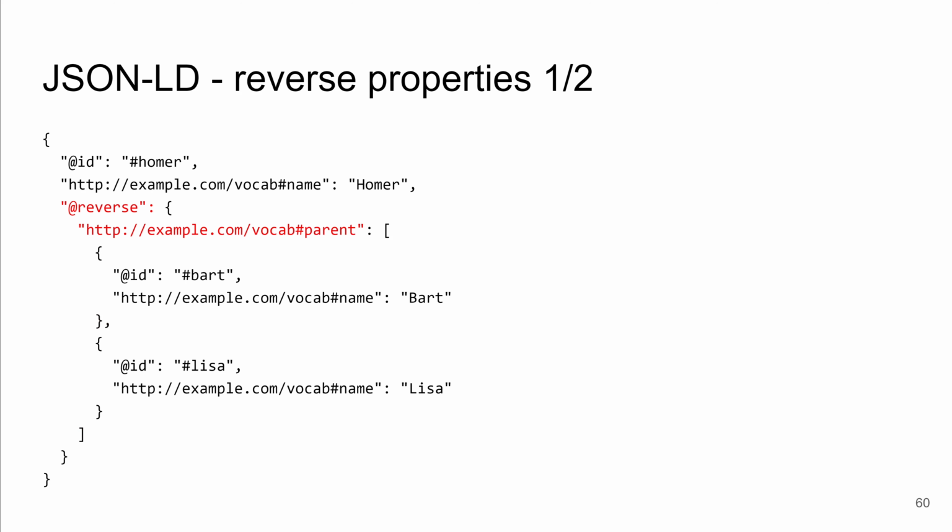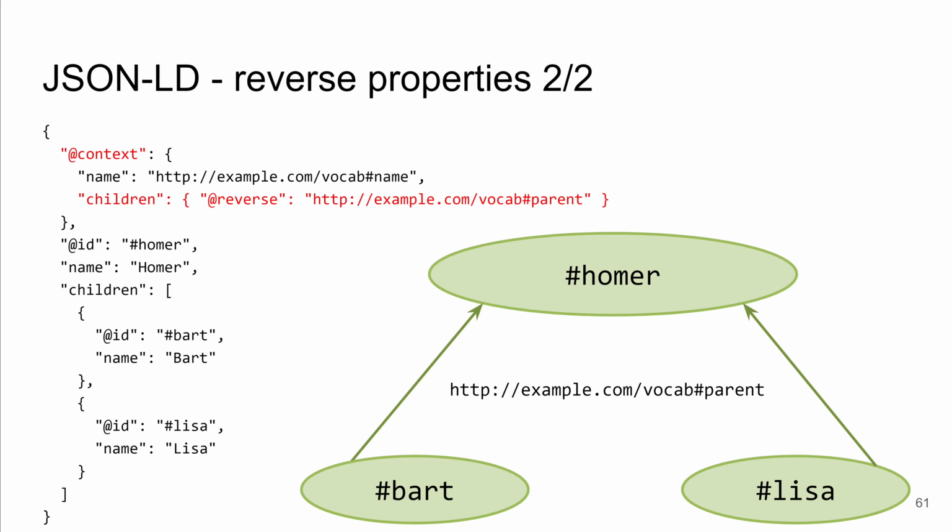And then we can use JSON nesting and say that we have Homer, and within the JSON object representing Homer, we'll have the two JSON objects representing Bart and Lisa in an array, and this array will be interpreted in the reverse direction. So we may use the @reverse keyword for this. But still, it doesn't look like how a JSON developer would do this.